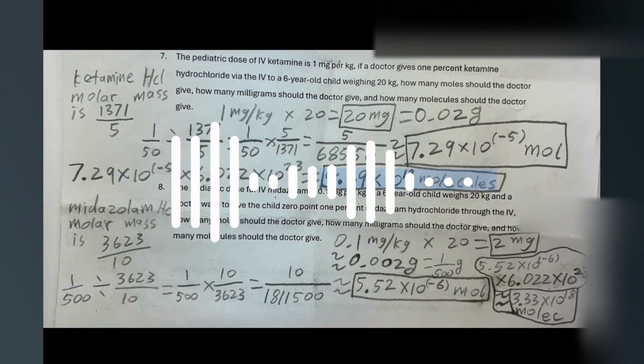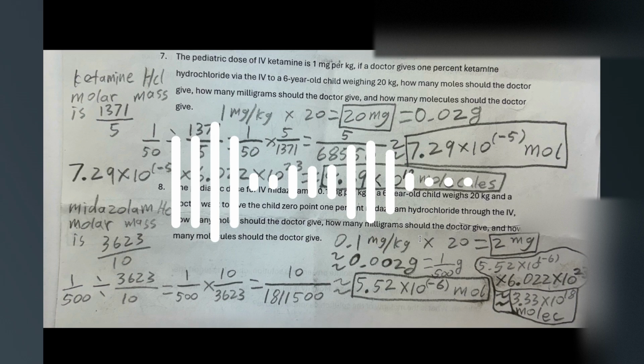And if they're using midazolam instead, everything will still be okay, because this is the molar mass for midazolam. The molar mass for midazolam is this number here, and the dose for midazolam is 1/10 milligram per kilogram.